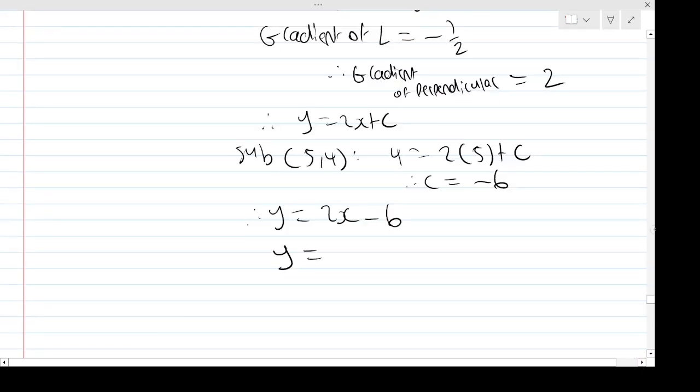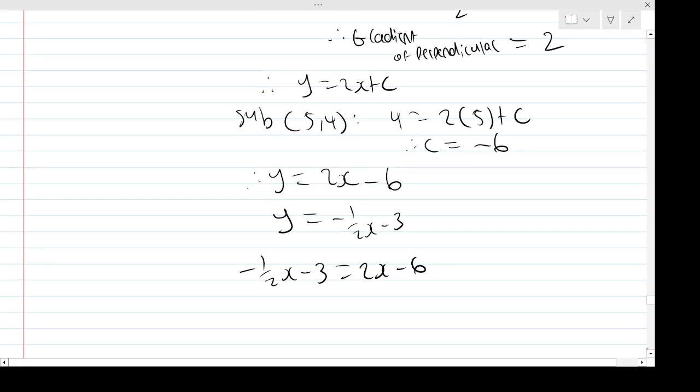Equating them together because they are equal at the intersection, I'd have minus a half x minus 3 is equal to 2x minus 6. If I add half x, I get minus 3 equals 5 over 2 x minus 6.